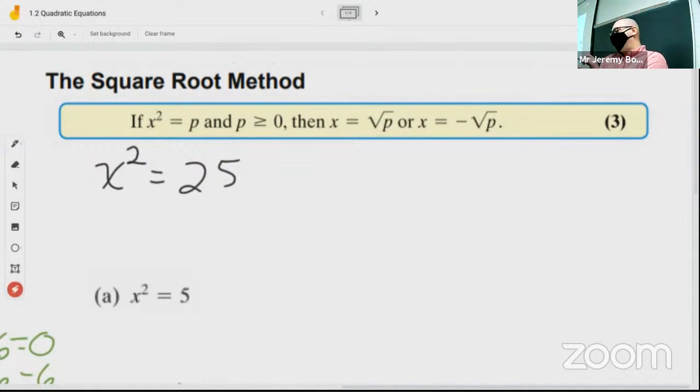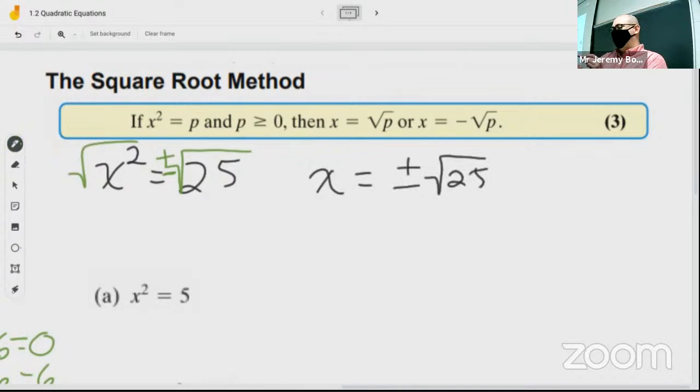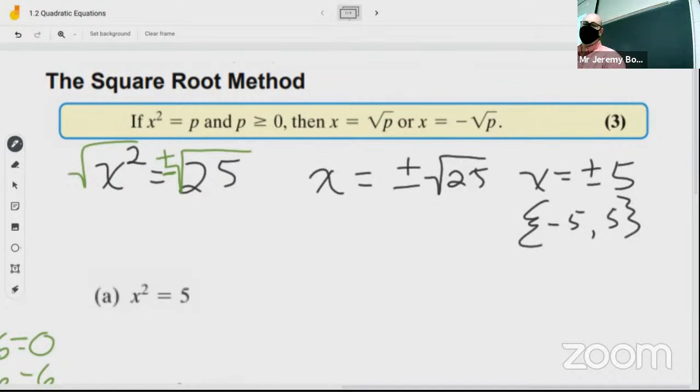So if you have x squared equal to some non-negative number, you can take the square root of both sides, but on the side opposite the variable, you need to do plus or minus. And so this solution would be x is equal to plus or minus the square root of 25, which we know is plus or minus 5. So my solution set would be negative 5, positive 5. That's where the square root method comes from.